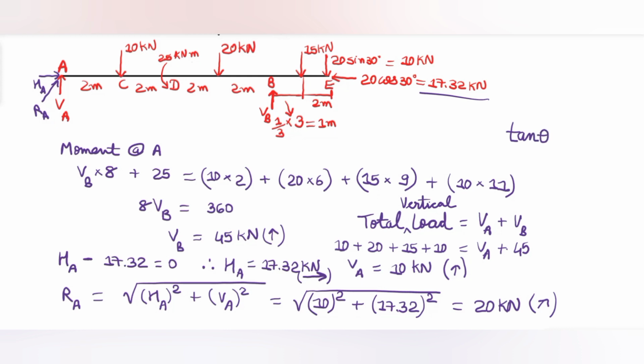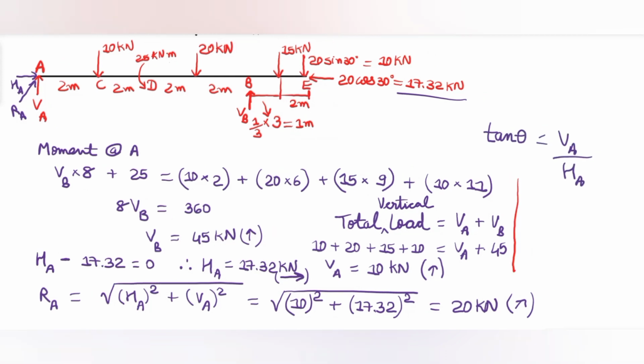Here VA is 10 kilonewton and HA is 17.32. Therefore tan theta is equal to 10 upon 17.32, which is equal to 0.577. And theta will be equal to tan inverse of 0.577, which we get as 30 degree.